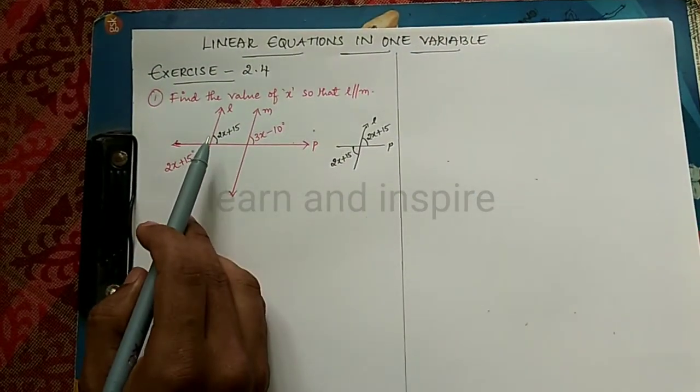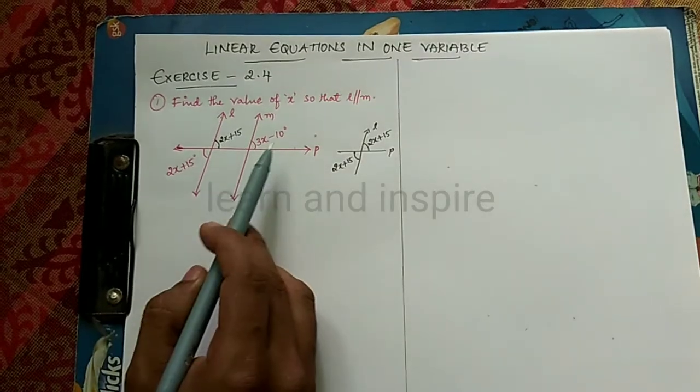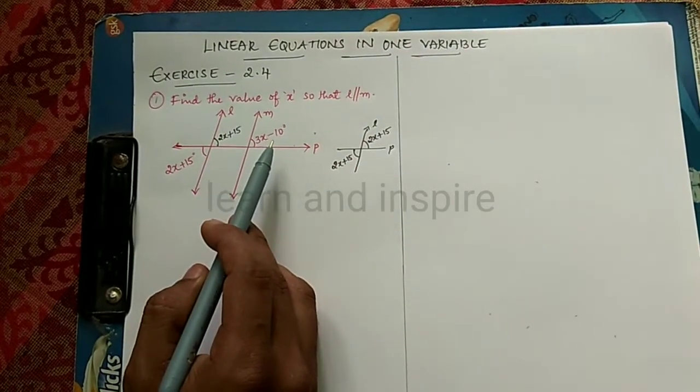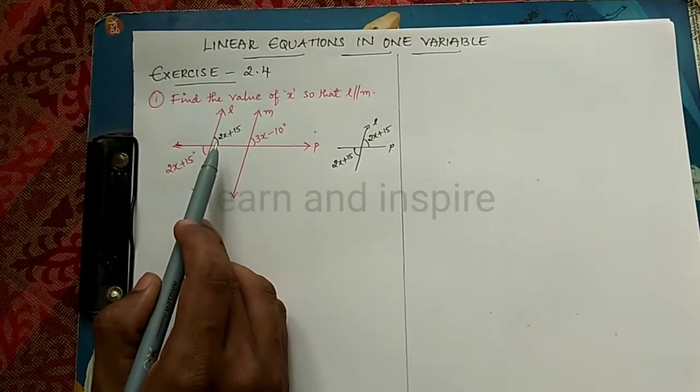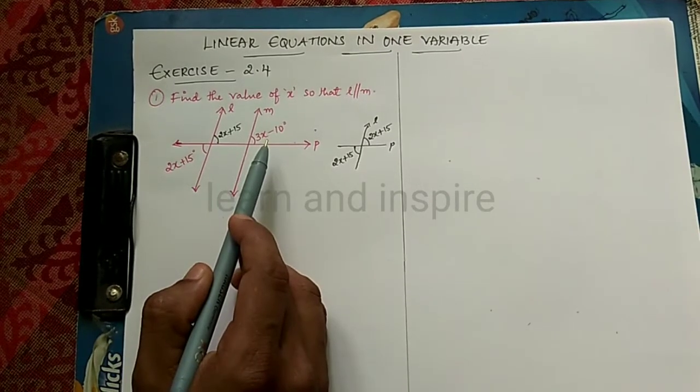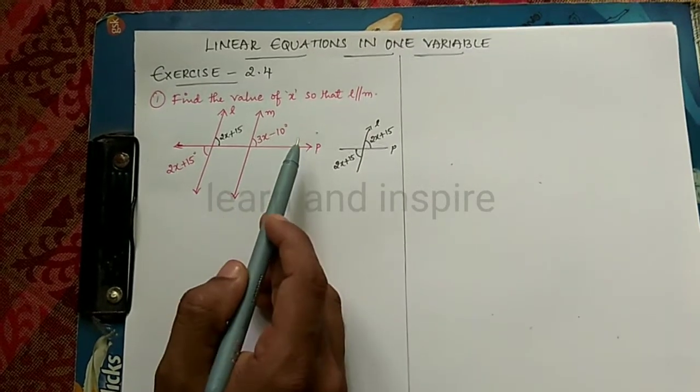Now you can identify this 2x plus 15 and 3x minus 10. One of the angles is interior and this 3x minus 10 is exterior.